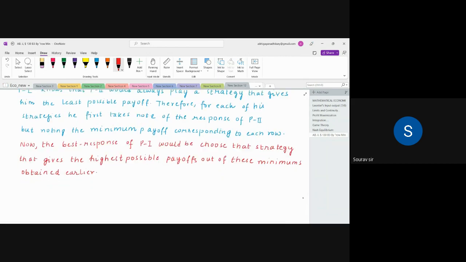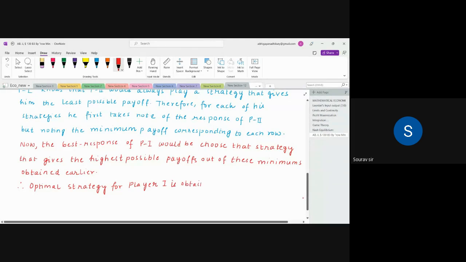Thus, the optimal strategy for player 1 is obtained by solving the maximum of the row minimums.